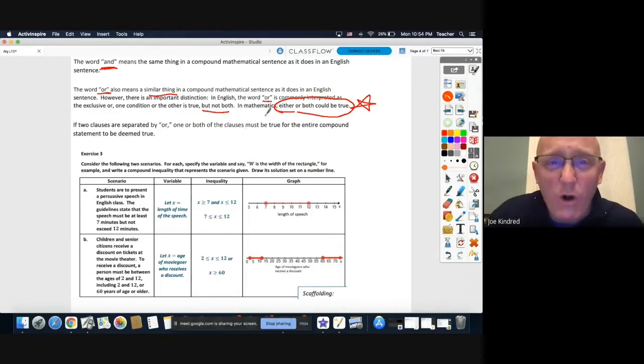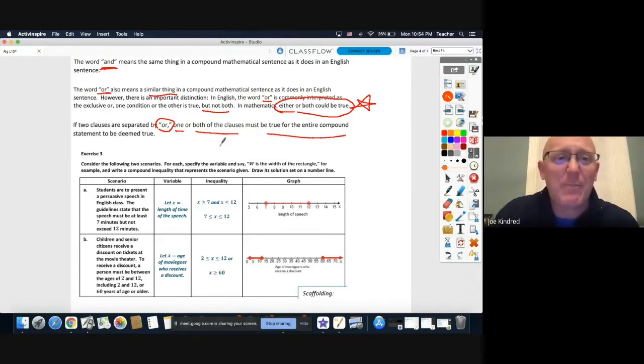In mathematics, either or both could be true, and it's really important that you understand that. There's a distinction in the word or and how we interpret it in mathematics. So if two clauses are separated by or, one or both of the clauses must be true for the entire compound to be deemed true. So this is a really important concept for this particular lesson.